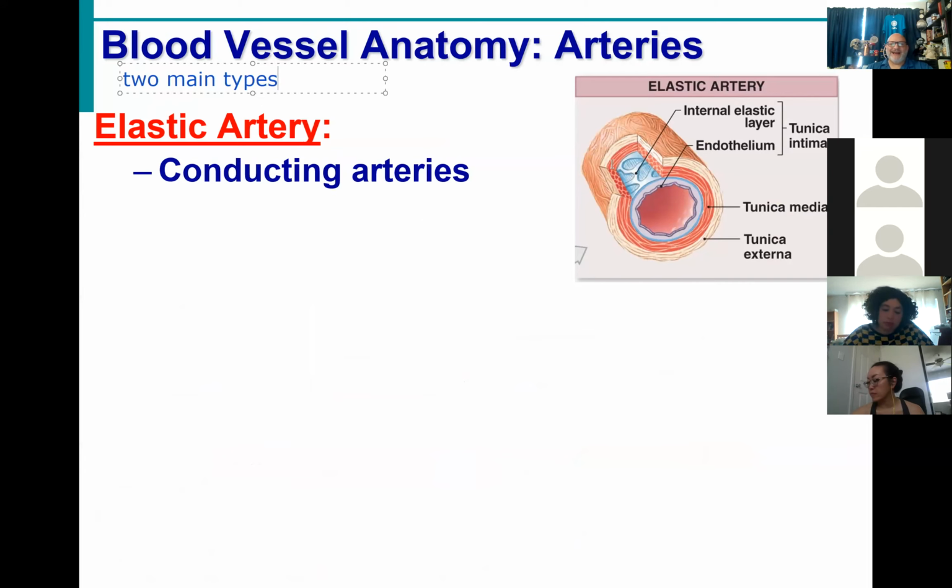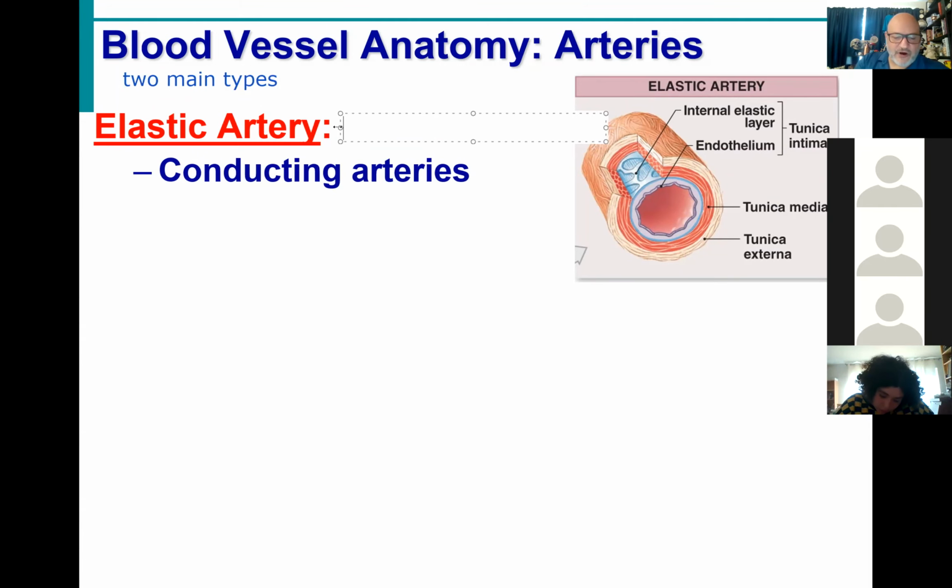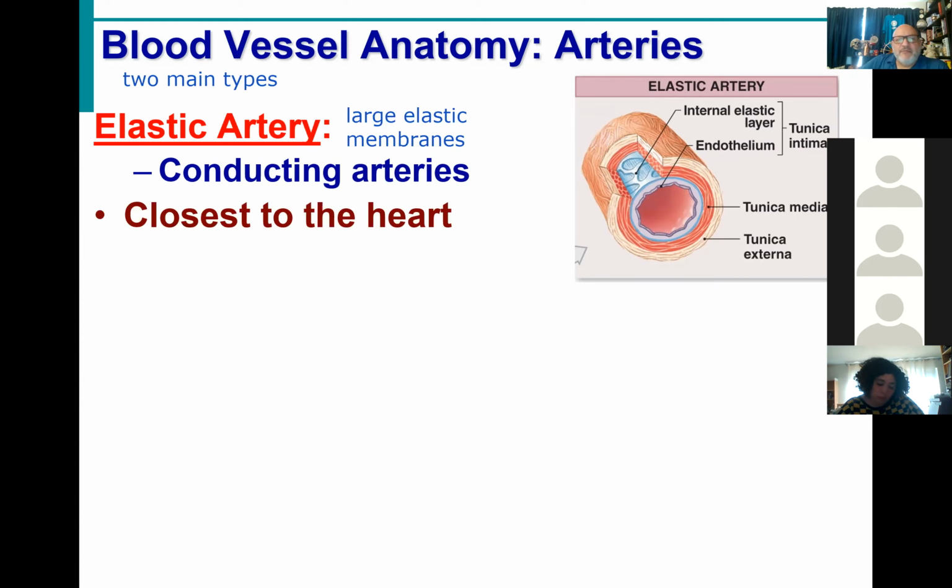With a name like elastic artery, what do you think is very distinct about them? Elastic materials. Yeah, they have large elastic membranes. And again, we talked about why this is the case in the last class. Not surprisingly, these elastic arteries are the ones that are closest to the heart.